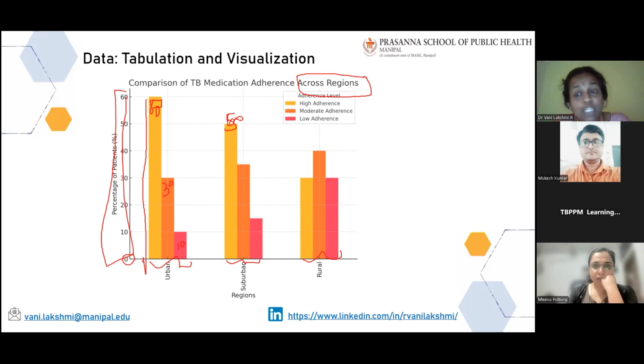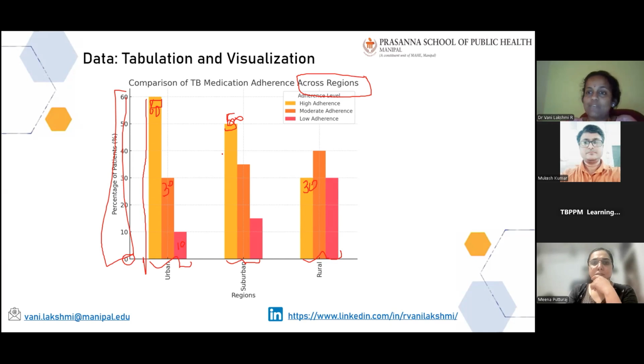So we need to also look into what methods we are using to ensure adherence, and the strategies and plans cannot be the same for rural and urban. You have to have a separate set of plans. That is what this tells me, because in rural, high adherence is only 30%. Which means some of my strategies are not working.